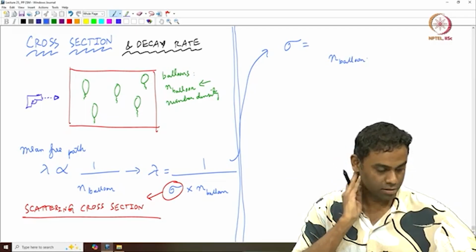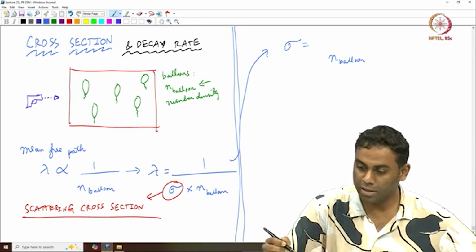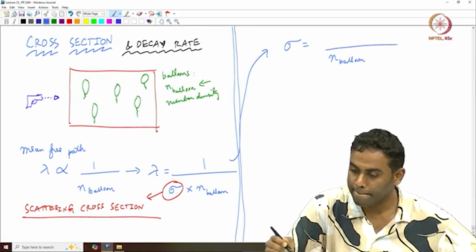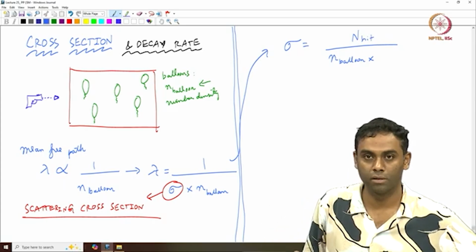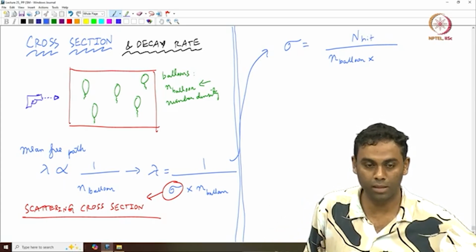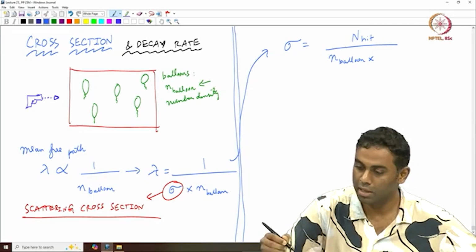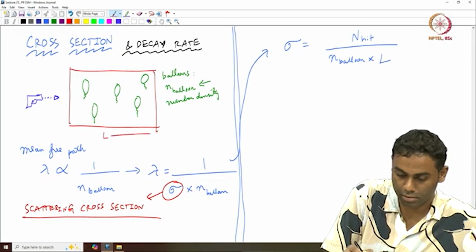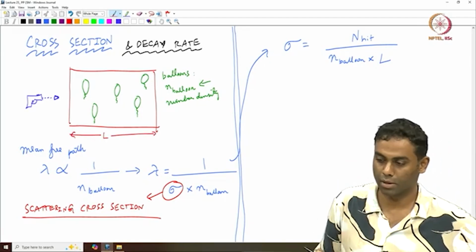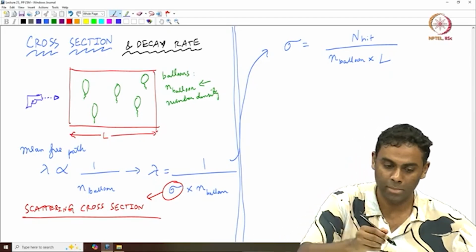So I still have the number density of the balloon downstairs. The mean free path is nothing but what? It's nothing but the total number of hits as the bullet traverses the box, right, divided by the length of the box. So let's call this length L. That's a mean free path after all, right?